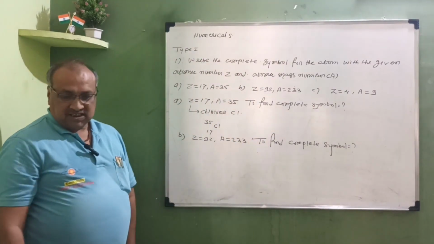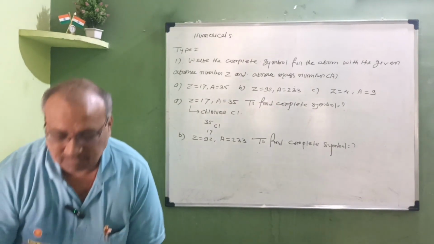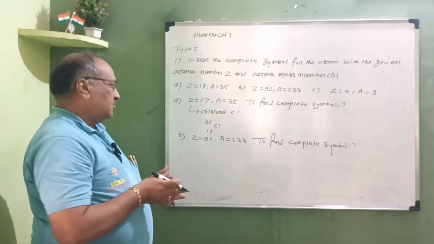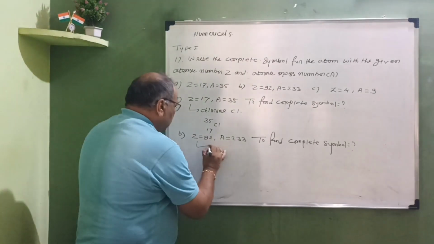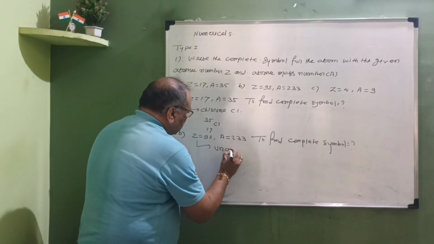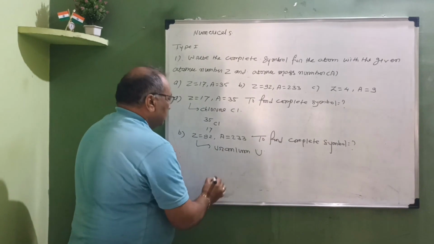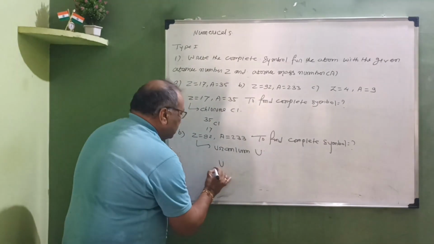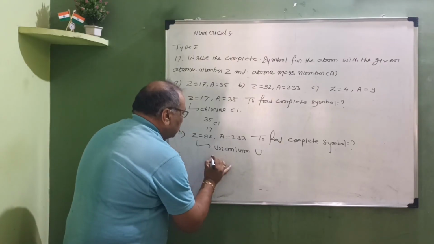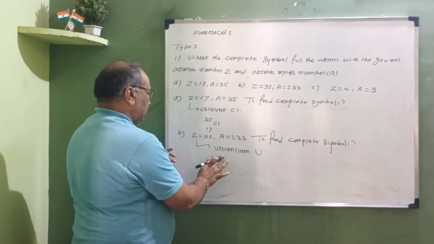Here Z is equal to 92. That means here 92 is the atomic number of uranium, whose symbol is U. That is, the symbol for the atom is 92U233.